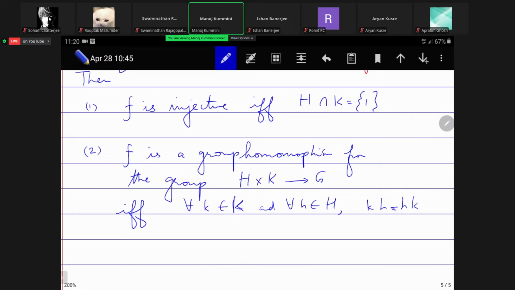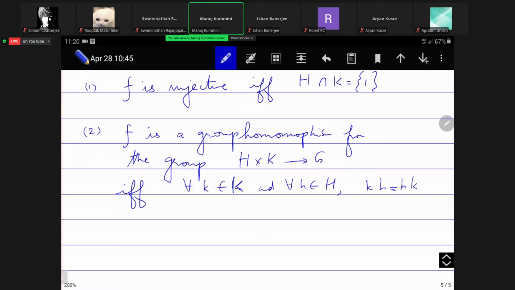It is not saying the group is abelian. It is saying elements of K commute with elements of H. K itself could be non-abelian and H itself could be non-abelian, which would force G also to be non-abelian. But elements of K commute with elements of H.